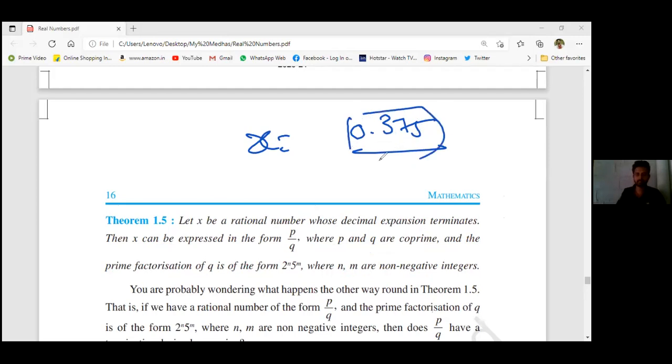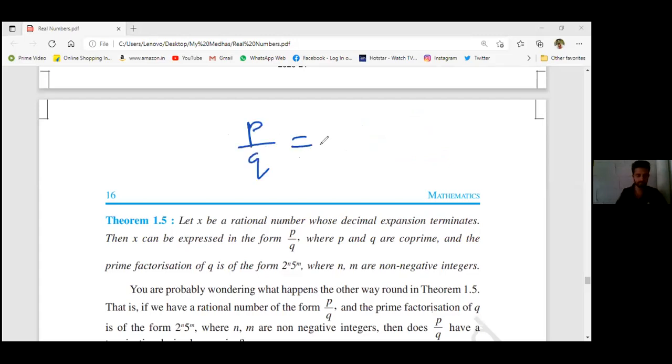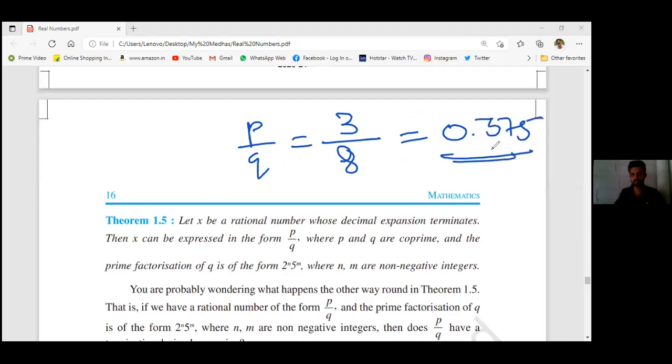We considered p by q, for example 3 by 8, and the answer is 0.375, which is terminating.